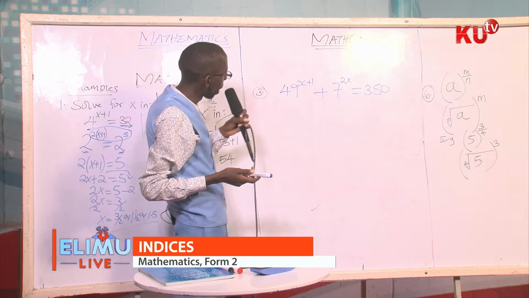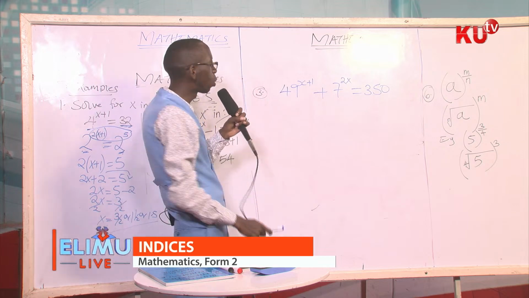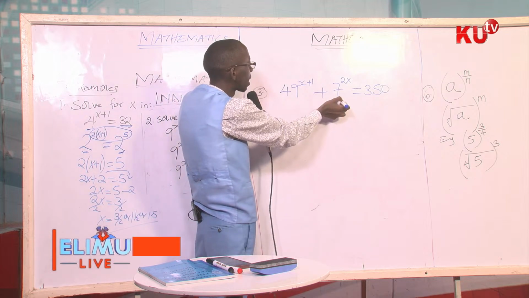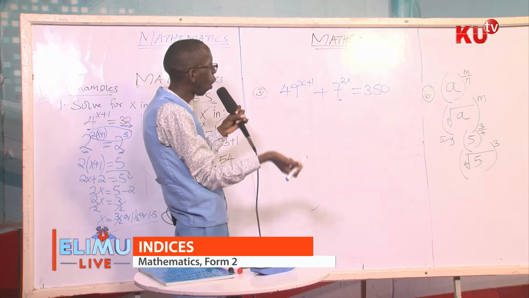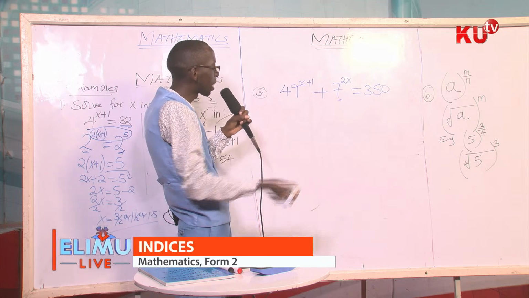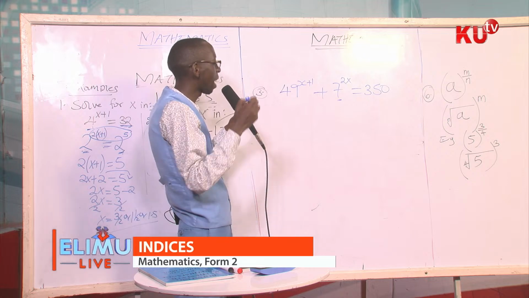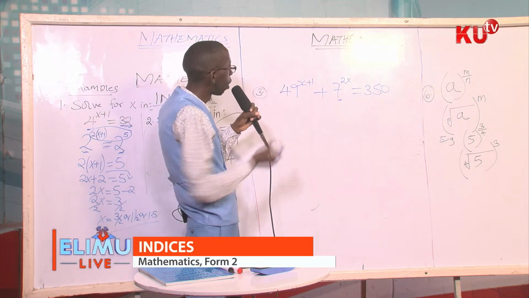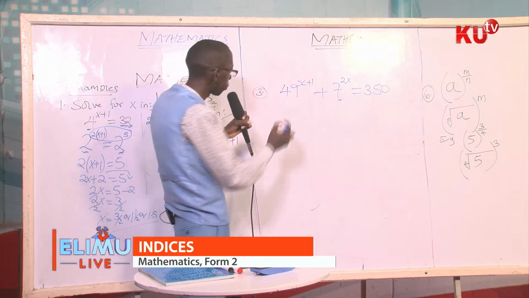Ask yourself, my dear student, 49 is the same as 7 to power what? Because now this one is 7. You can't write 49 to base 3 or 5. The easiest and least base is 7.